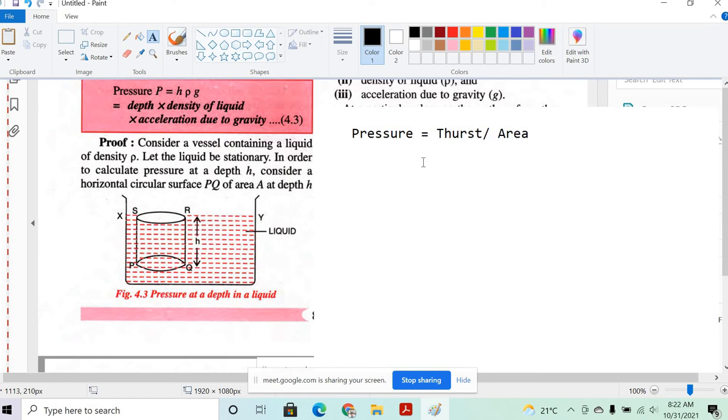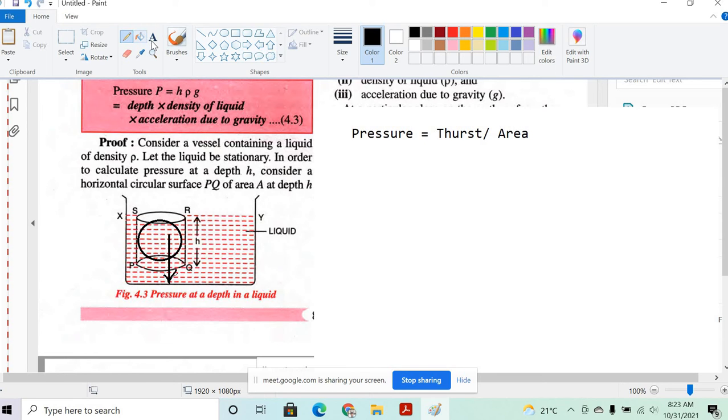Yes, sir. So if you just imagine the whole of the liquid, its mass will be acting in a downward direction, correct? Yes, sir, downward. The whole of the liquid mass is acting downward, and that is hitting on the surface PQ, correct?